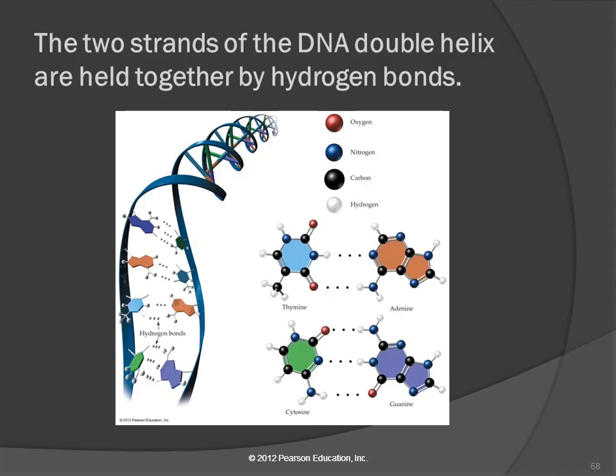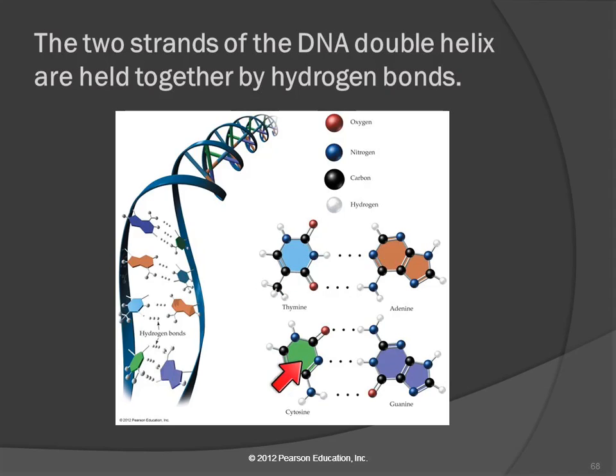So some of you know more about DNA than others, but there are four bases in DNA. There's thymine, adenine, guanine, and cytosine. I'm not going to test you on this. This is just an illustration of the significance of hydrogen bonds.